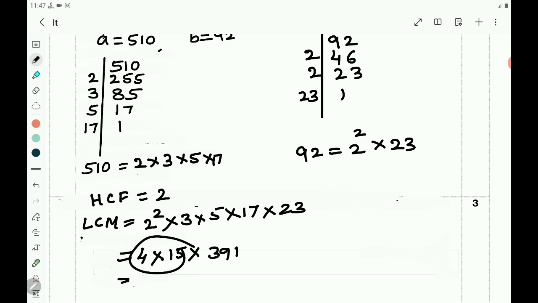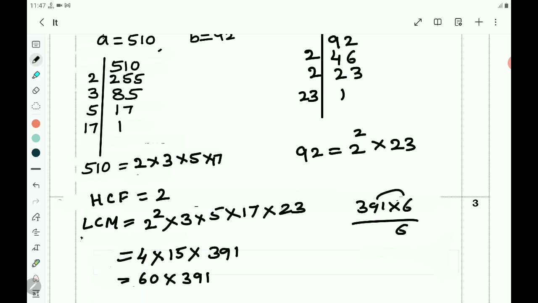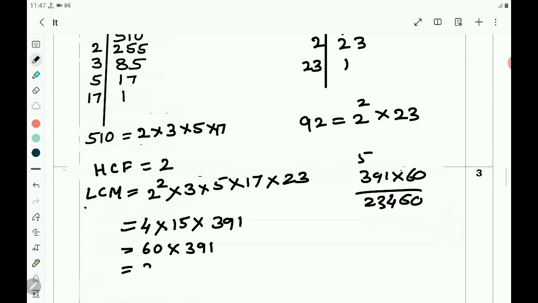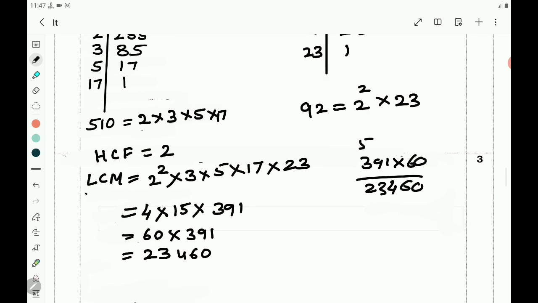Then 15 4s are 60. 60 into 391. 391 into 6. 6 1s are 6, 6 9s are 54, 6 3s are 18 plus 5 is 23. Means 60 means 10 we have to take. That is equals to 23,460. This is the LCM.